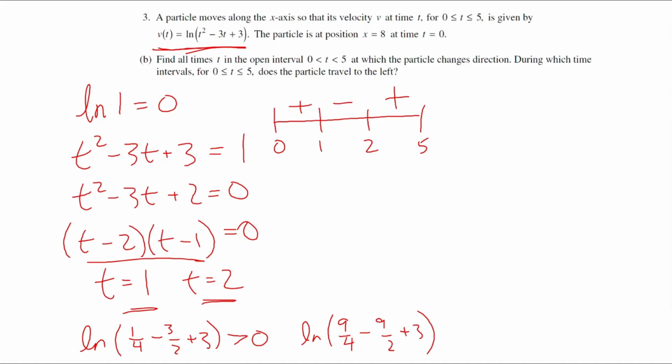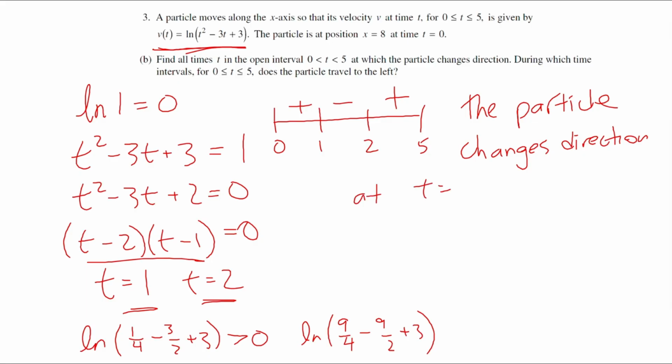So we'll write this out: the particle changes directions at t equals 1 and t equals 2 because v of t changes signs.